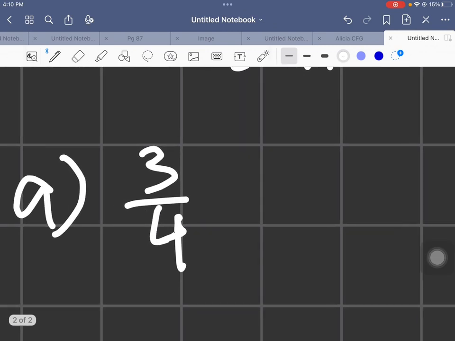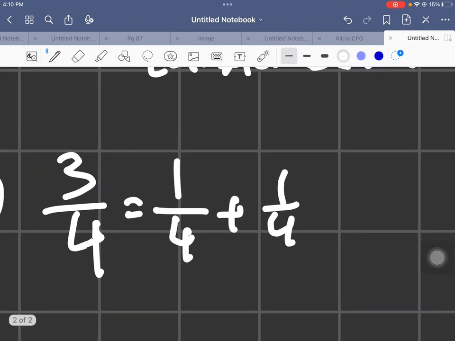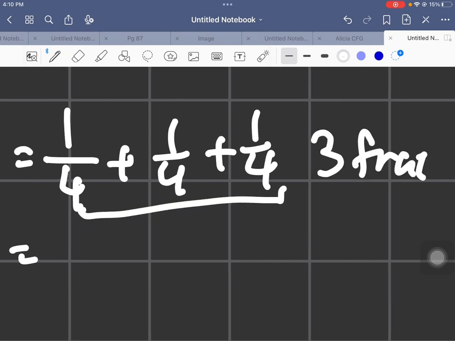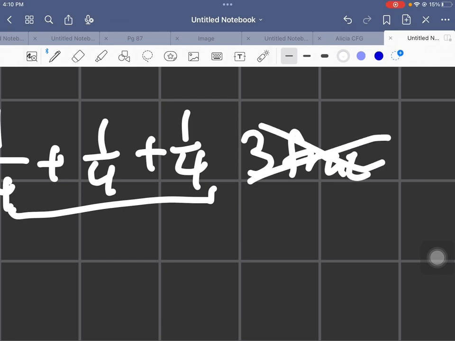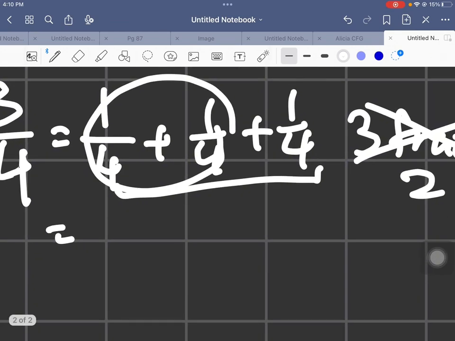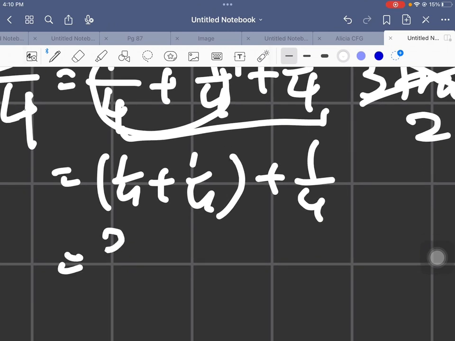Question A, 3/4. We'll write it this way first. 3/4 equals 1/4 plus 1/4 plus 1/4. For now, the denominators are all the same, and there are 3 fractions right here, but we only need 2. So we'll combine these 2 together plus 1/4. 1/4 plus 1/4, we'll get 2/4 plus 1/4.